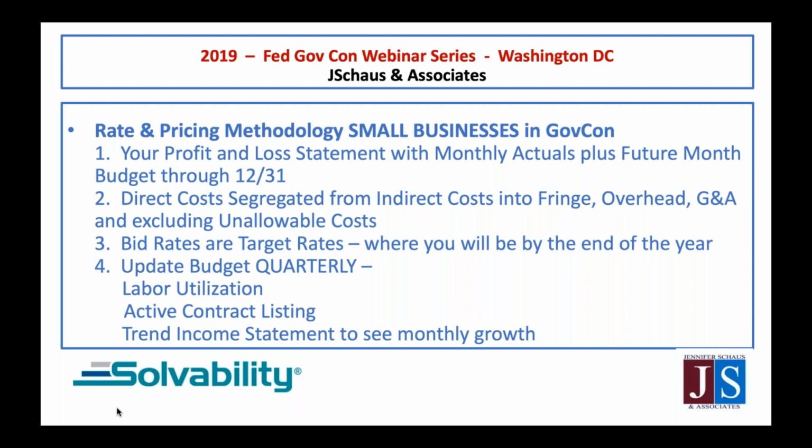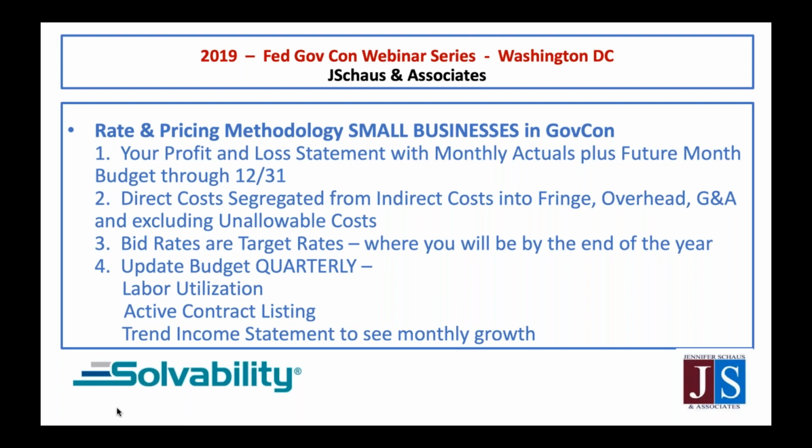But you do want to have a profit and loss statement, and what I like to prepare is one that has month-by-month actuals, so you can see the trend across the whole year. And if you're a small business, you always want to go through December 31st, unless you have some weird accounting period end. But most small businesses go January through December as their calendar year, their financial year.